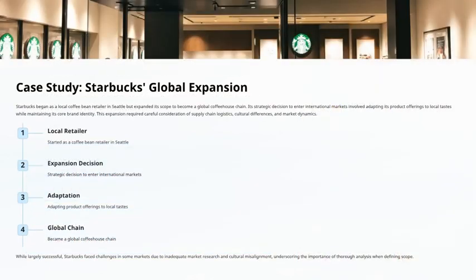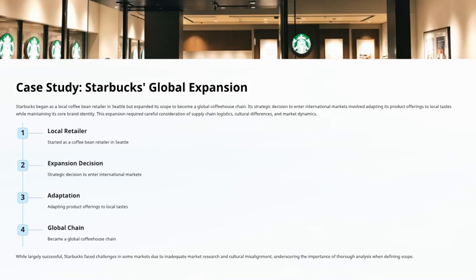Case study: Starbucks global expansion. Starbucks began as a local coffee bean retailer in Seattle, but expanded its scope to become a global coffeehouse chain. Its strategic decision to enter international markets involved adapting its product offerings to local tastes while maintaining its core brand identity.